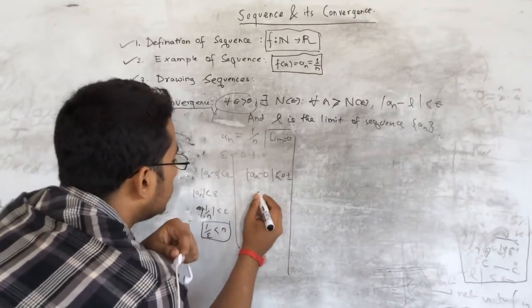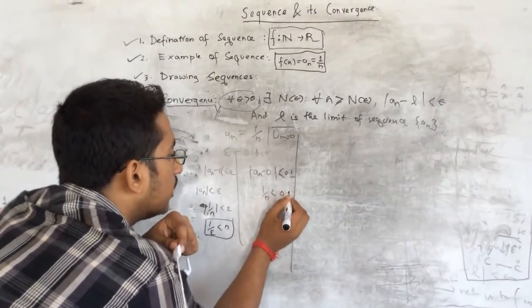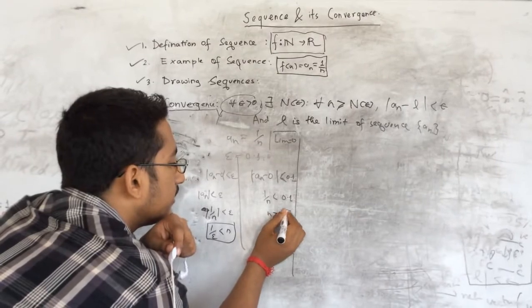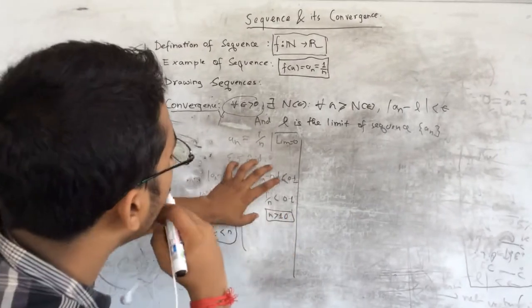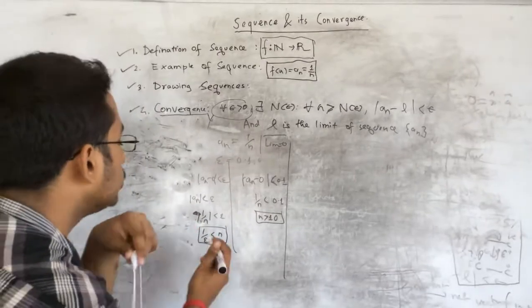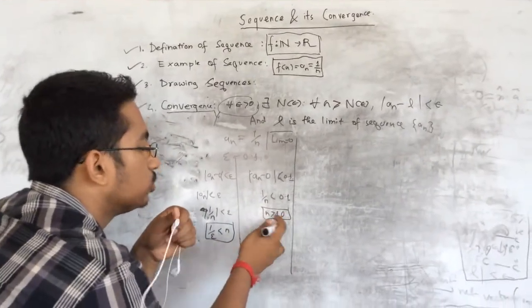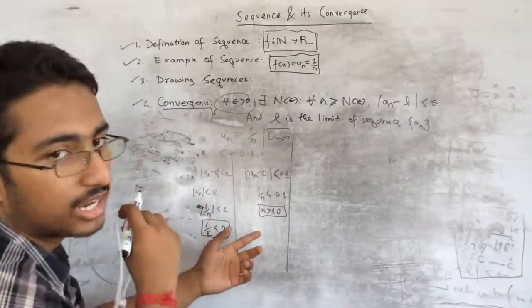Similarly it comes here: 1/n is less than 0.1, so n is greater than 10. This property holds when n is greater than 10, and in general when n is greater than 1/epsilon. So this is a general formula, right? I have just given it here to see what is happening for an arbitrary epsilon.